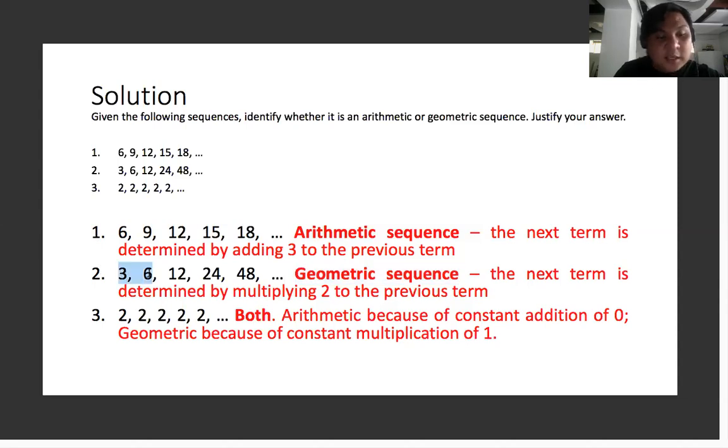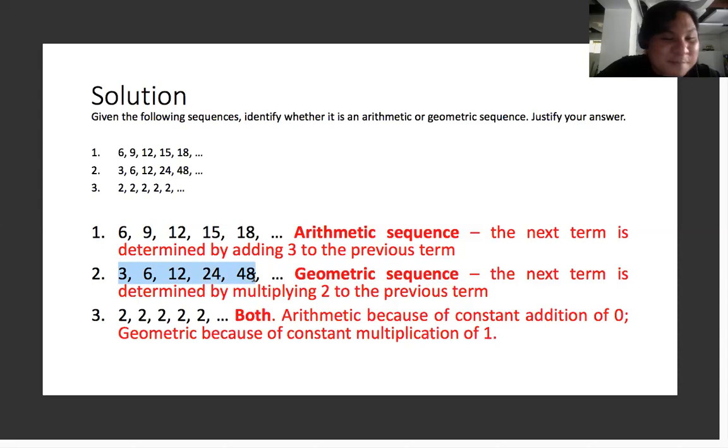That makes sense. 6 times 2, you get 12. That's good. 12 times 2, that's 24. 24 times 2 is definitely 48. So thus, this sequence here, 3, 6, 12, 24, and 48 is indeed a geometric sequence.